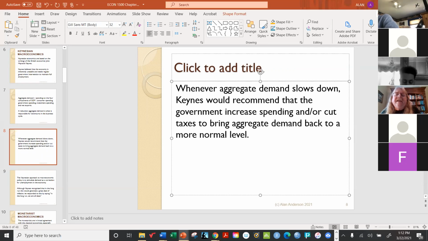Now, the thing that Keynes did say, though, which his followers did not really understand, as after Keynes died, his philosophy lived on for quite a few decades.